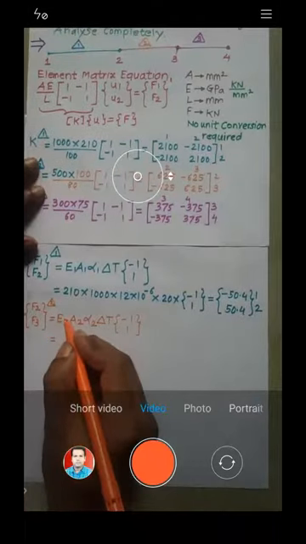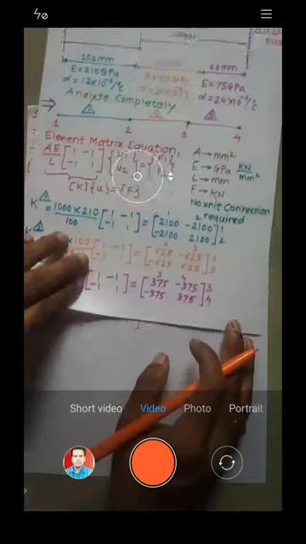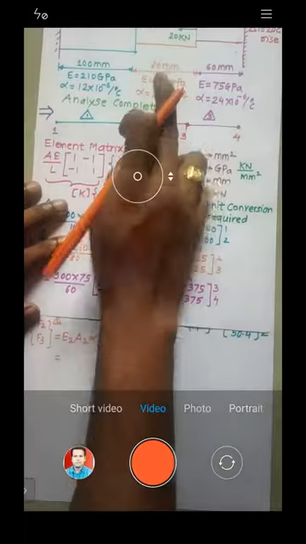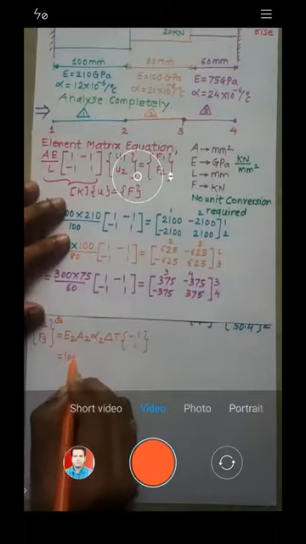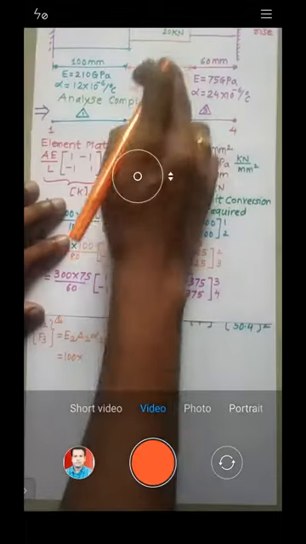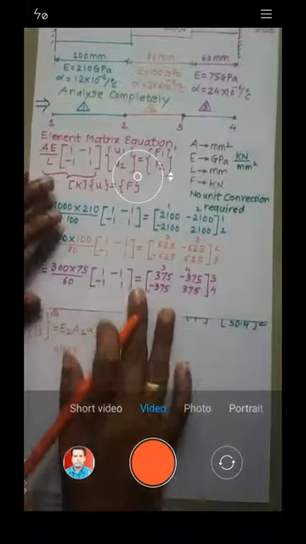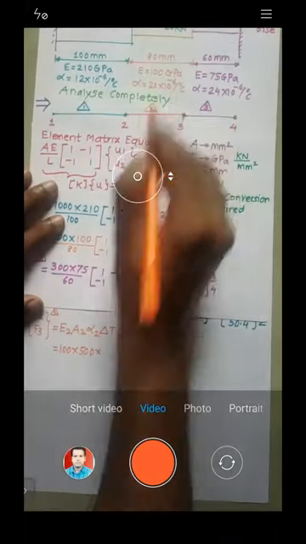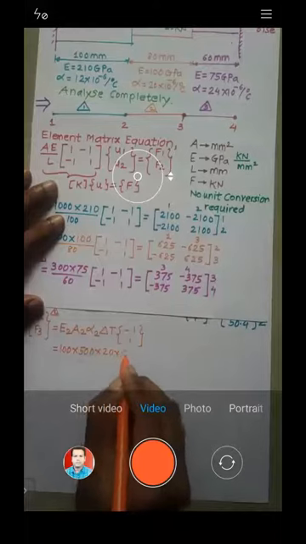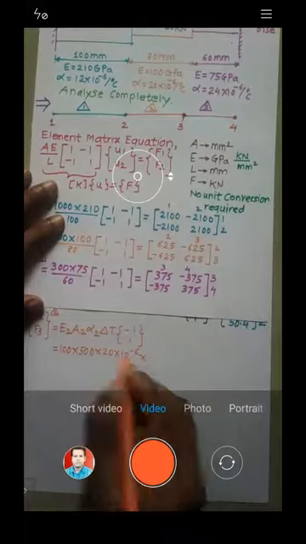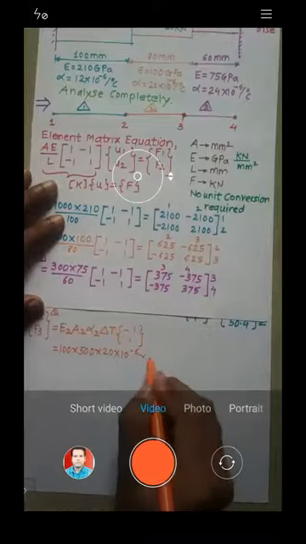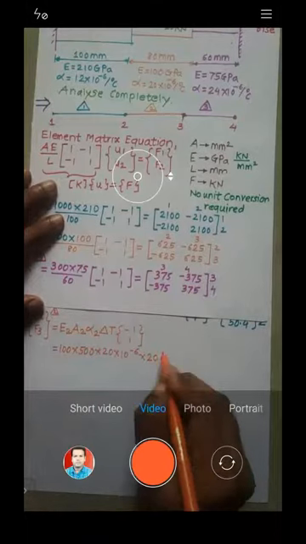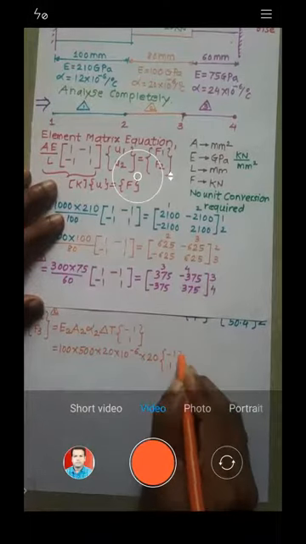E2, the modulus of elasticity of element number 2, is 100, into area of element number 2, which is 500, into alpha of element number 2, 20 into 10 raised to power -6, into delta T, the change in temperature, that is 20, into [-1, 1].